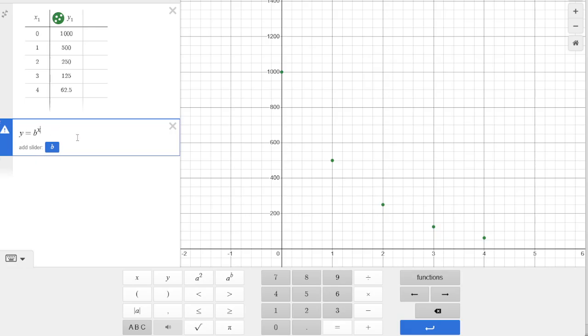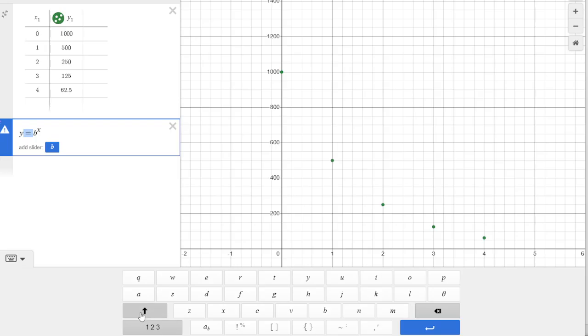But you see nothing happened because we have to do this the way that we always ask it to give us the formula, right? So we need to reference y1 and x1 so that it can then do our regression and figure out how to tell us what the actual equation is. And we need to change this equals out for the tilde, the weird squiggle, which is right over here.